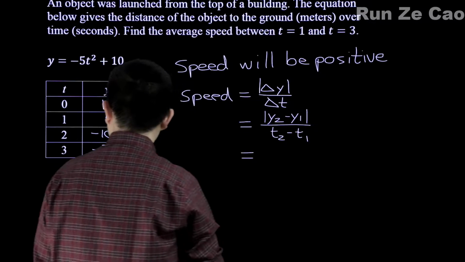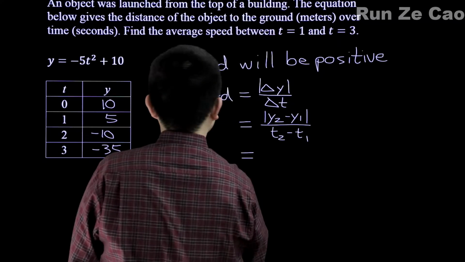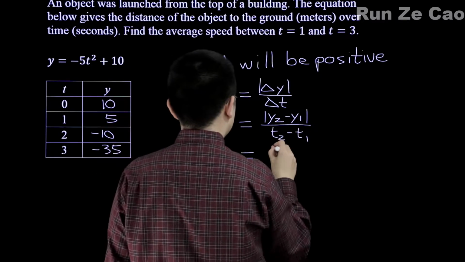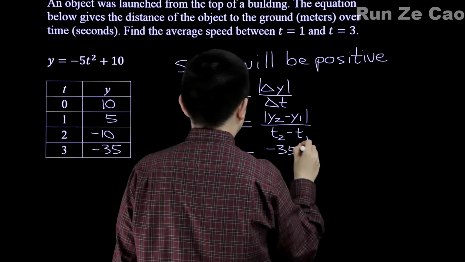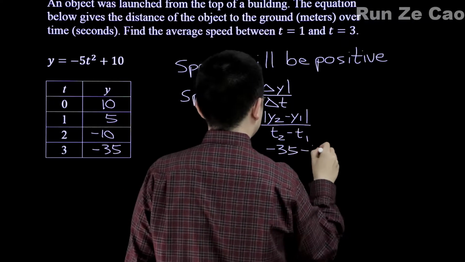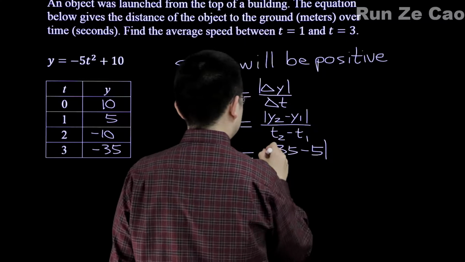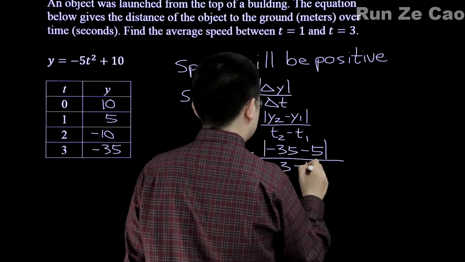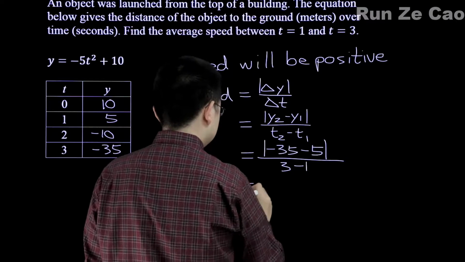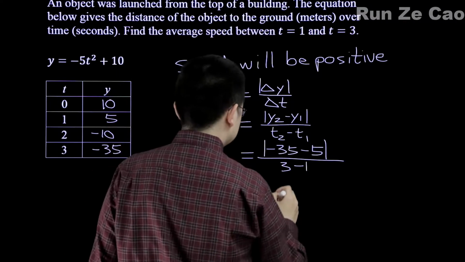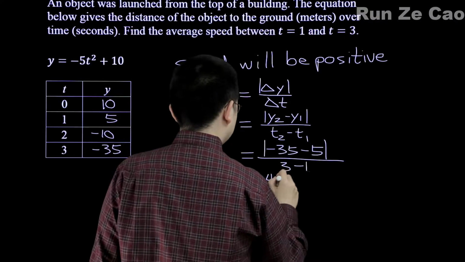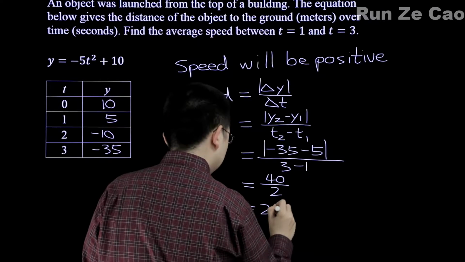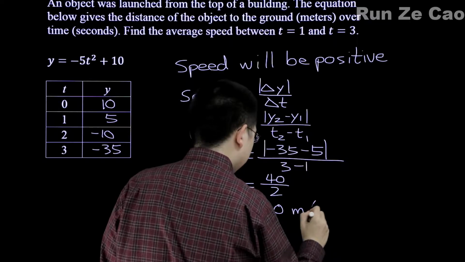And this would give us, well, y2 is t equals 3, negative 35, minus y1, which is 5, over 3 minus 1. So this is going to be 40 over 2. So 20 meters per second.